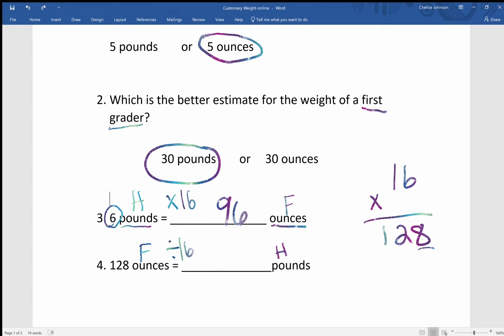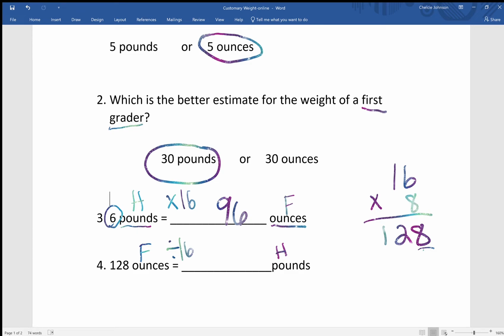Okay, let's keep going. So 4 times 6 is 24. Nope. 6 times 5 is 30. Nope. 6 times 6, 36. Nope. 6 times 7, 42. Nope. 6 times 8 is 48.